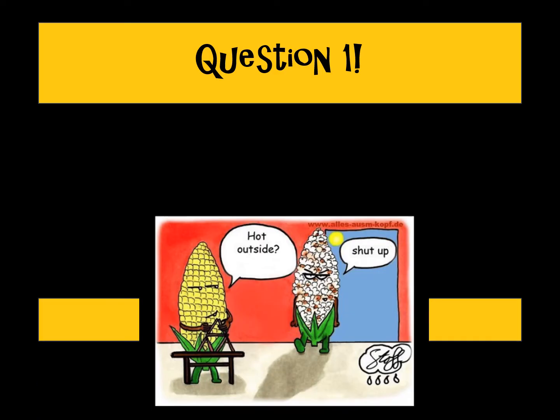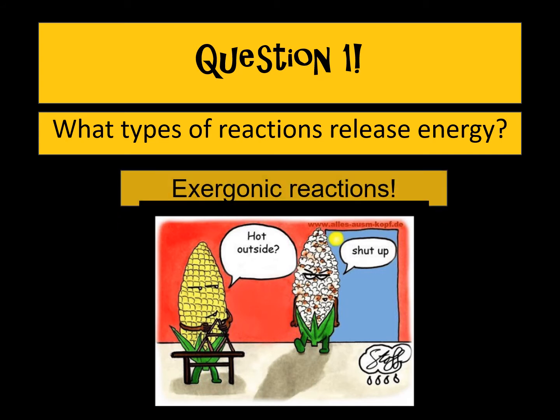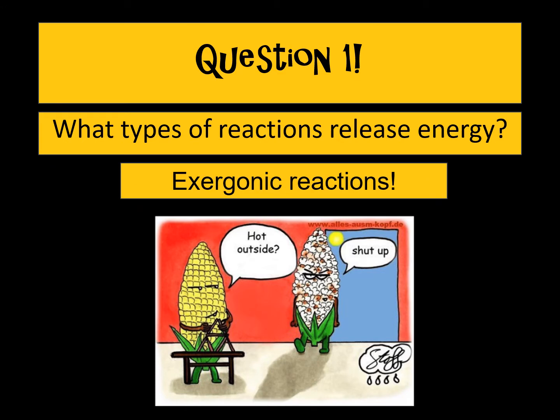All right, so it's question time. So question number 1, what types of reactions release energy? So as you probably remember from chemistry, you can take larger molecules and you can break the bonds that hold that molecule together. And usually as you do that, it does release energy. So those kinds of reactions are called exergonic reactions.